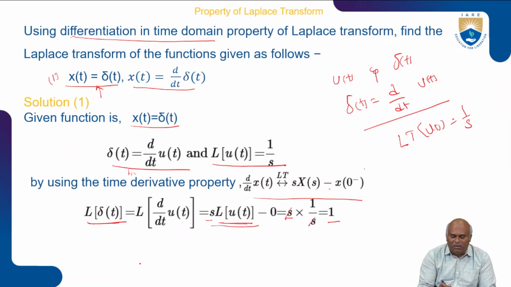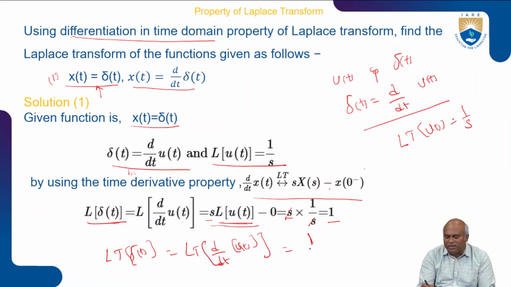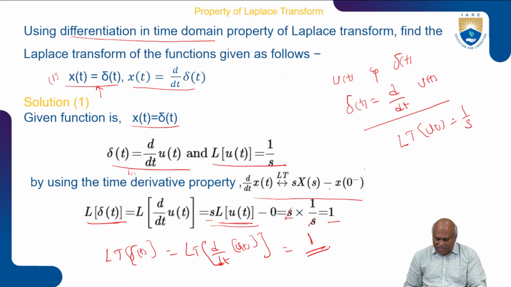Now the Laplace transform of del of t is equal to the Laplace transform of d by dt u of t. This term d by dt u of t I write as s times the Laplace transform of u of t minus 0. The Laplace transform of u of t is 1 by s, so these two s's cancel and we get 1. So the Laplace transform of del of t is equal to 1. The first statement is proved.